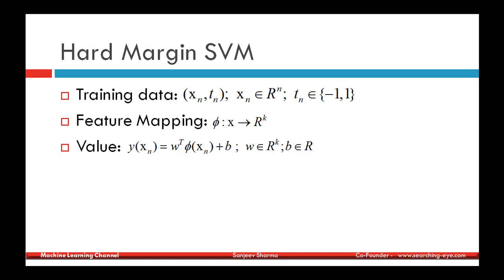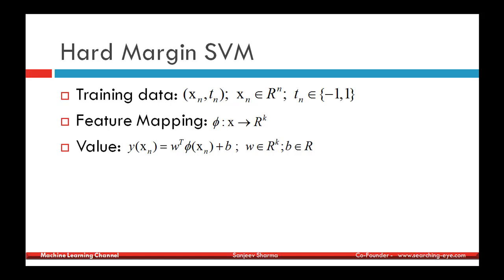The value for any training instance is given as y of xn is w transpose times phi of xn plus b, where b is a scalar and w is a vector in Rk, which means that we have the weight vector w which has k components and each component assigns a particular weight to each of the basis functions. We have k basis functions and we have a k-dimensional weight vector. So the inner product of w and phi is equivalent to assigning the weight to each of the basis functions.